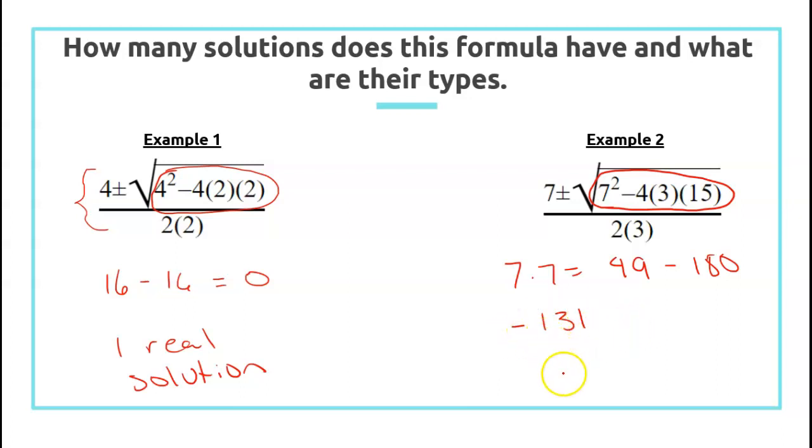And because our answer is negative, we know that there are 0 real solutions, but we do have 2, remember, imaginary ones.